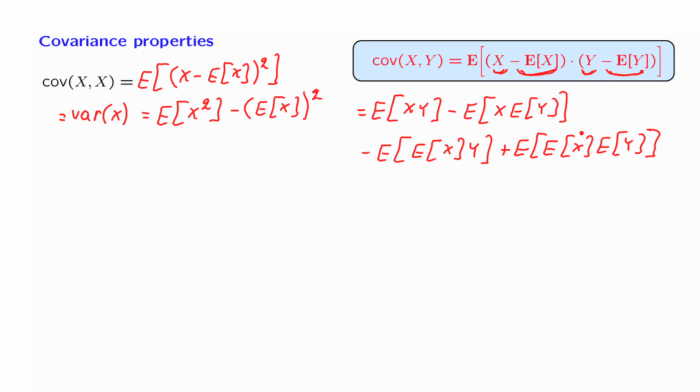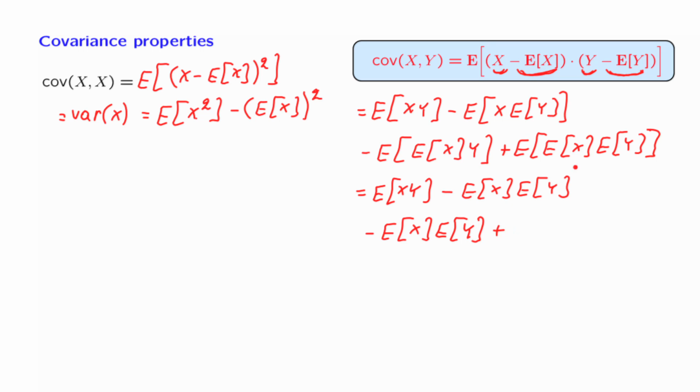Now, remember that the expected value of a random variable is a number, it's a constant, and constants can be pulled outside expectations. So if we do that, what we obtain is the following. We pull this constant outside the expectation, and we're left with the expected value of x times the expected value of y. Similarly, for the next term, by pulling a constant outside the expectation, we obtain this expression.